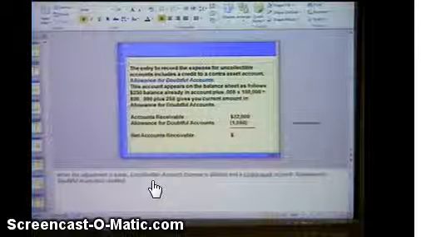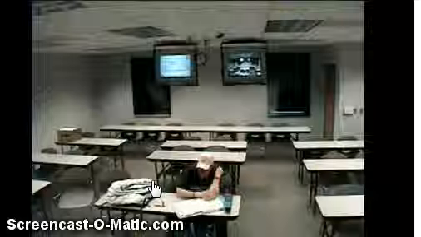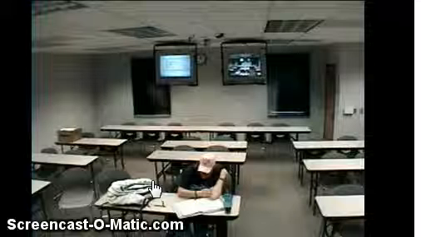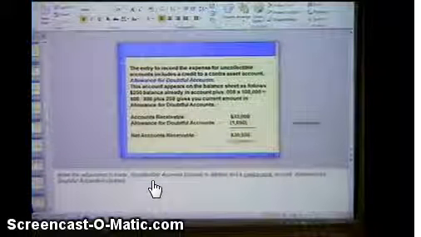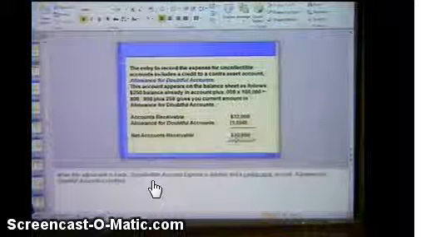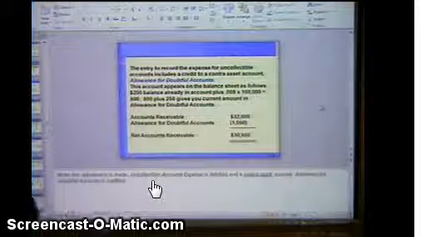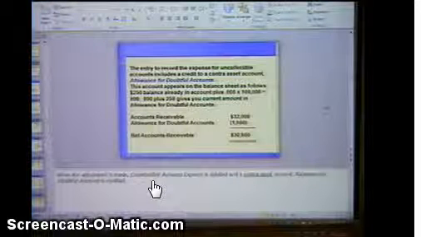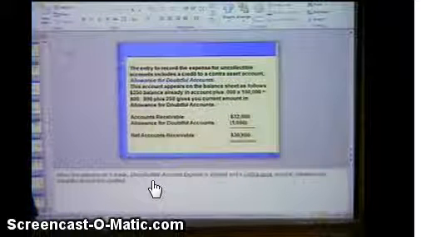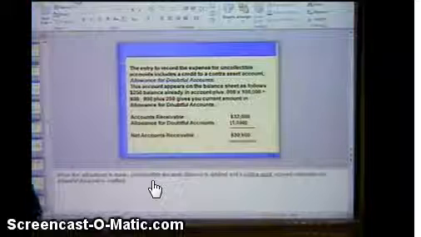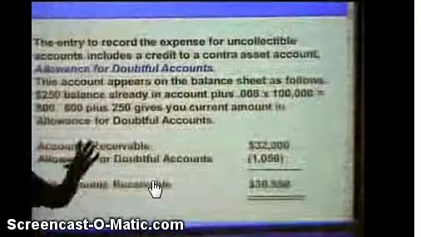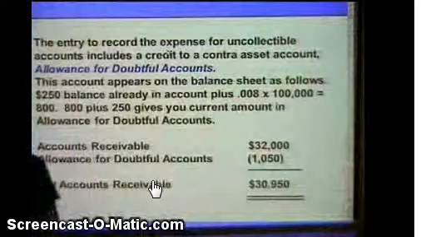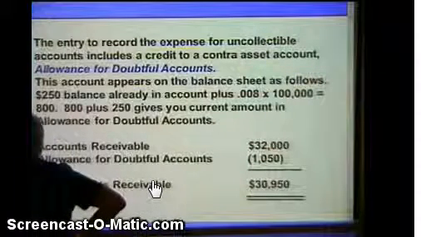What is it? $30,950. Okay. Wait for it. Hallelujah. Say hey, I saved that baby. I saved it. We did it. Okay. Now we got it.